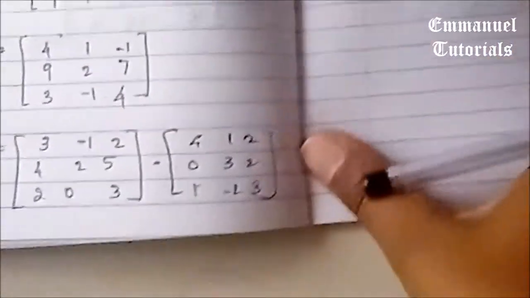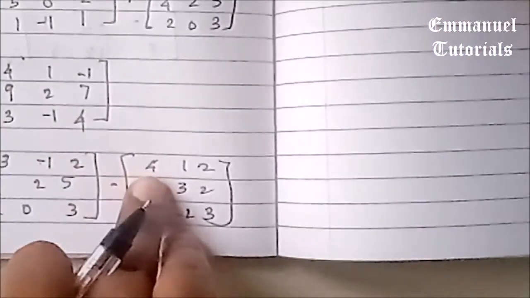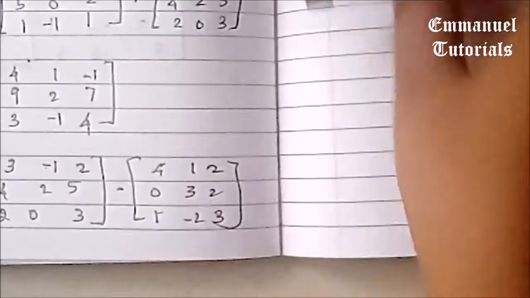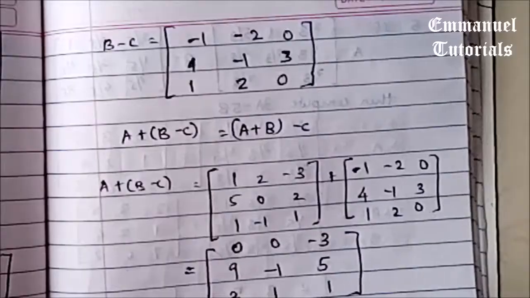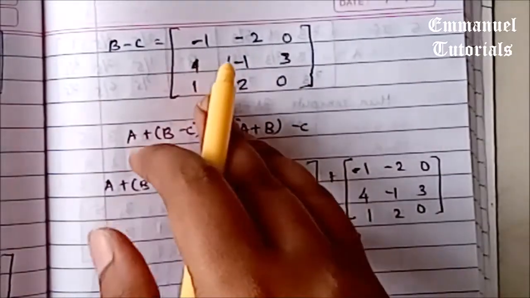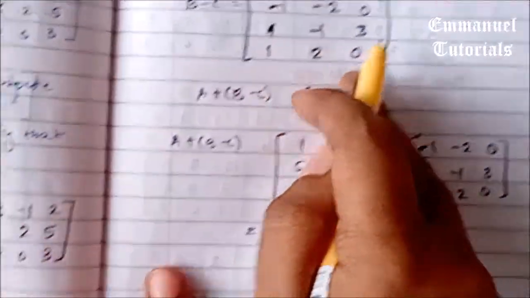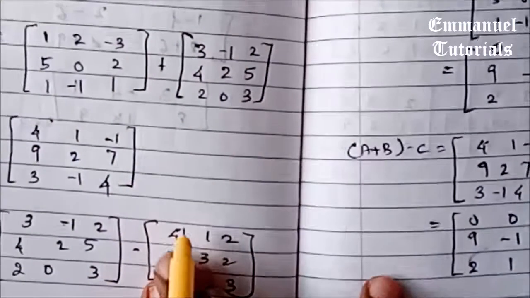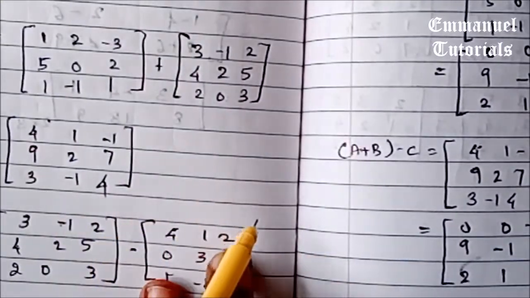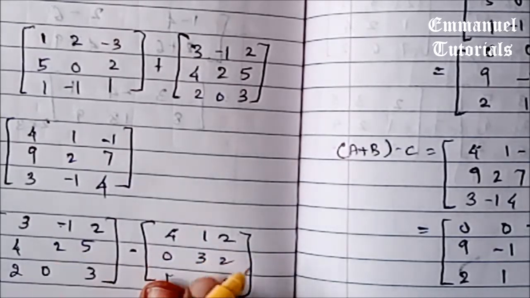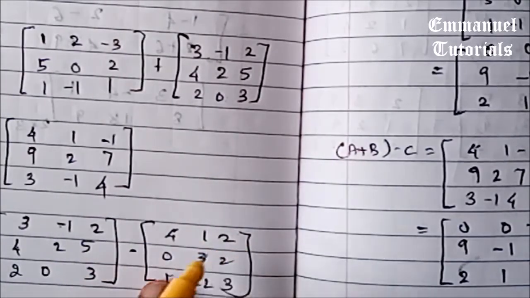Now subtracting, we get 3 minus 4 is minus 1, minus 1 minus 1 is minus 2, 2 minus 2 is 0. B minus C is equal to minus 1, minus 2, 0, because 3 minus 4 is minus 1, minus 1 minus 1 is minus 2, and 2 minus 2 is 0. 4 minus 0 is 4, 2 minus 3 is minus 1, and 5 minus 2 is 3.